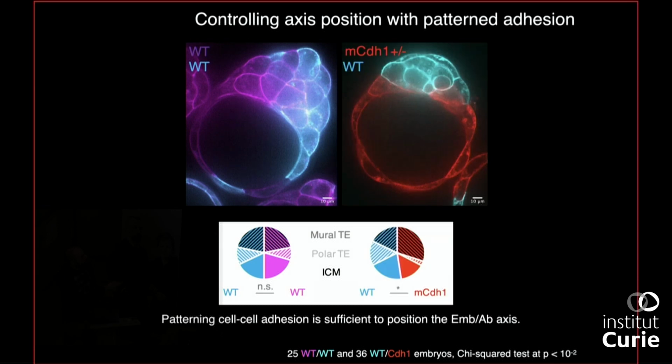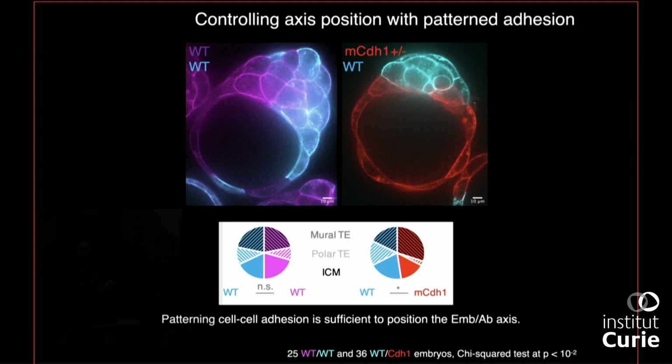If you now take the mutant cells, they both contribute to the inner cell mass, but you can see here in this example that the lumen is completely surrounded by mutant cells. Okay? And so the mural trophectoderm is primarily composed of mutant cells, and the mutant cells are depleted from the polar trophectoderm, which is away from the lumen. Okay?